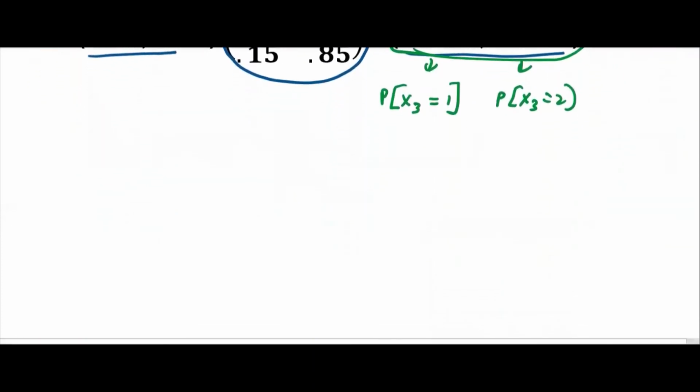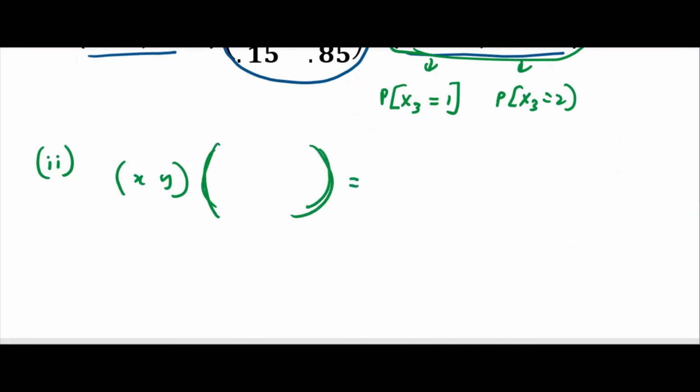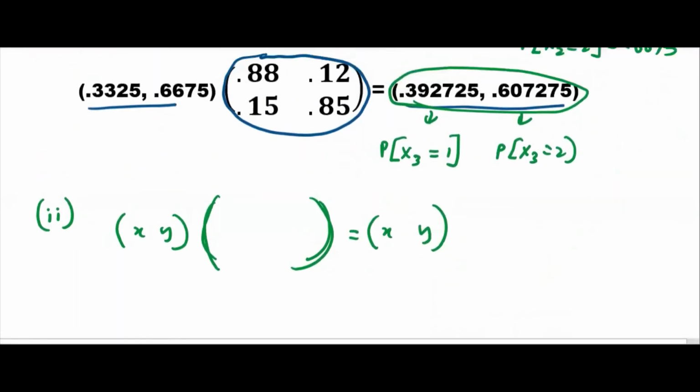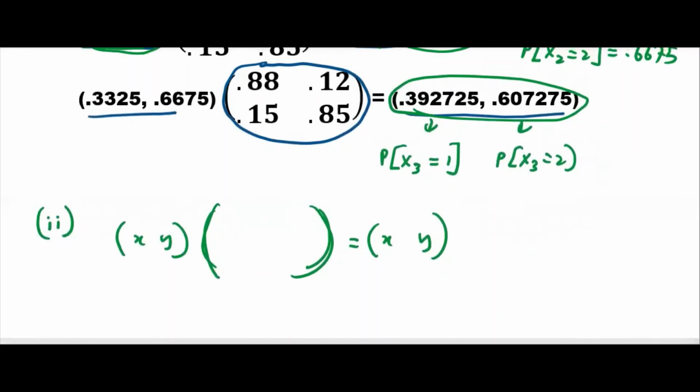Now if you go to part 2 here, in the long run, that means it should not change. If you want to know what will happen after 10-15 years, if this continues, then after many years, how many will be there in A, you can say in equilibrium state.